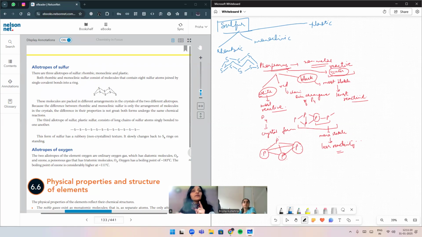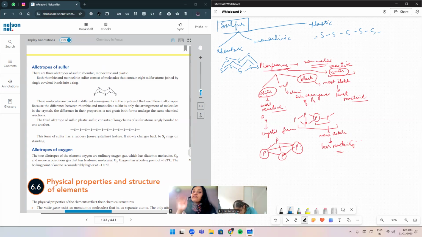But the third one, which is your plastic sulfur, is a long chain of sulfur atoms having single bonds. So they are attached like this. Okay, single molecule. This chain arrangement of sulfur gives it a non-crystalline or rubbery texture.